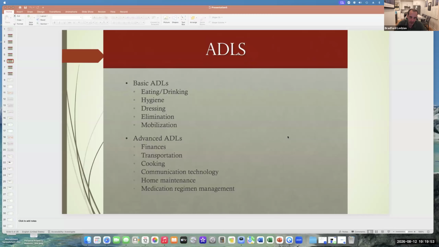Do you need to go home with in-house full-time nursing, or do you need to go to a facility, right? So if you don't have your basic ADLs intact, if you can't eat or drink, but maintain basic hygiene and dressing, elimination, stooling, and urination, and have minimal mobilization, the ability to stand up, you're probably not going to go home. Or if you do go home, you're going to need significant nursing care, right?